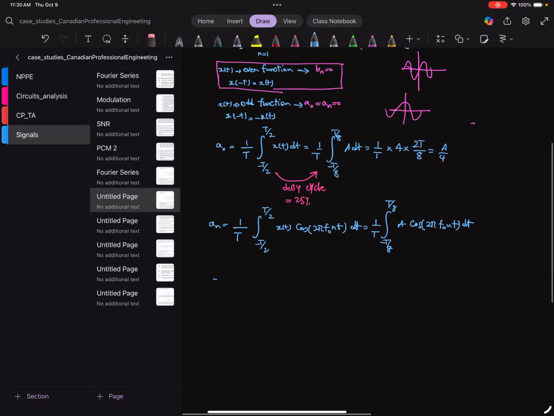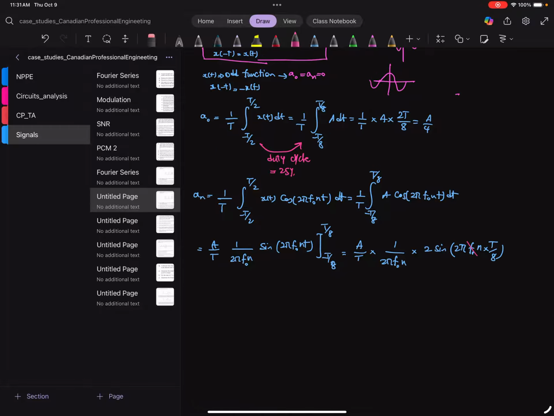This would become 1/T times A, then 1 over 2 pi f0 n, then sine(2 pi f0 n t) from minus T/8 to T/8. This is equal to A/T times 1 over 2 pi f0 n multiplied by 2 sine(2 pi f0 n times T/8).